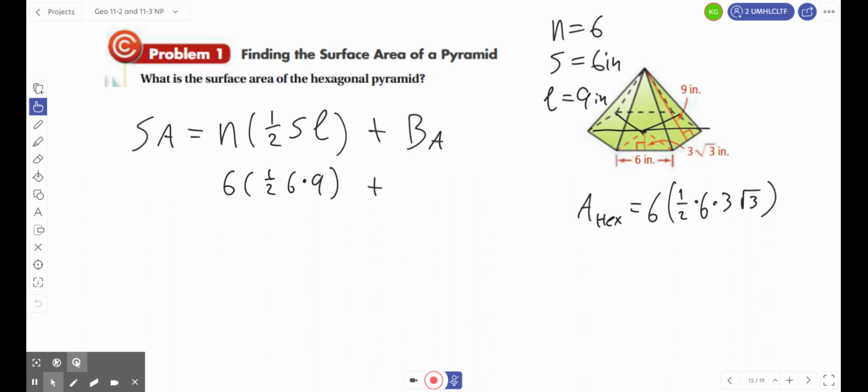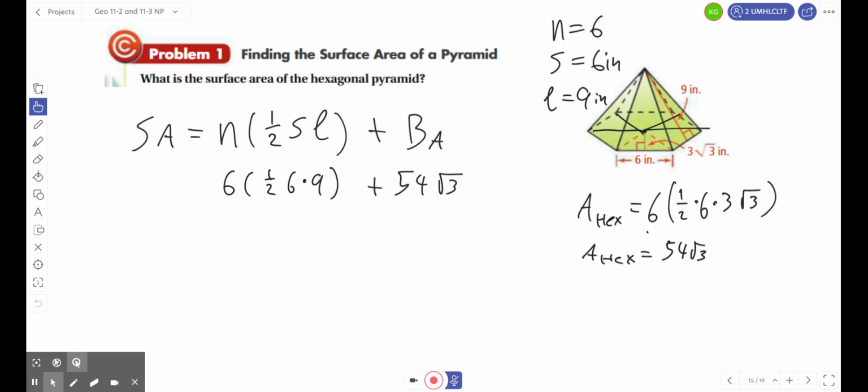Let's see, 6 times 3 is 18, times 1/2 is 9, times 6 is 54. So we have 54 root 3. That's the area of the hexagon.